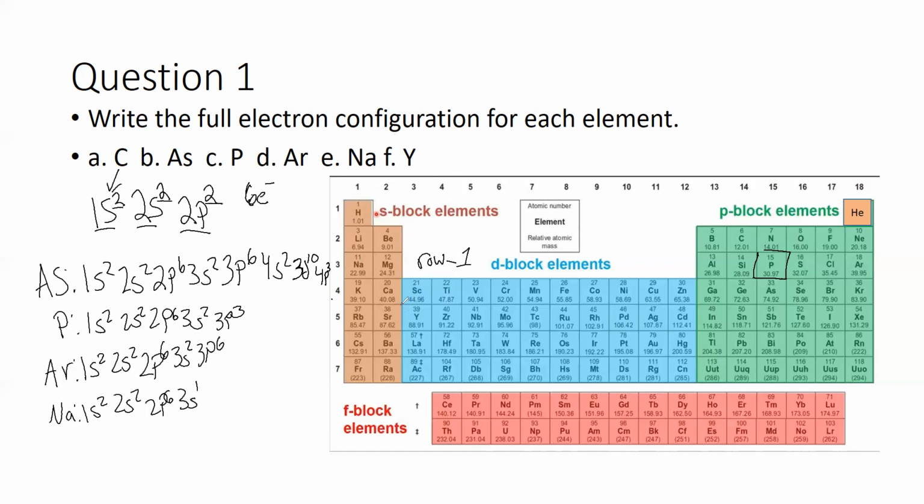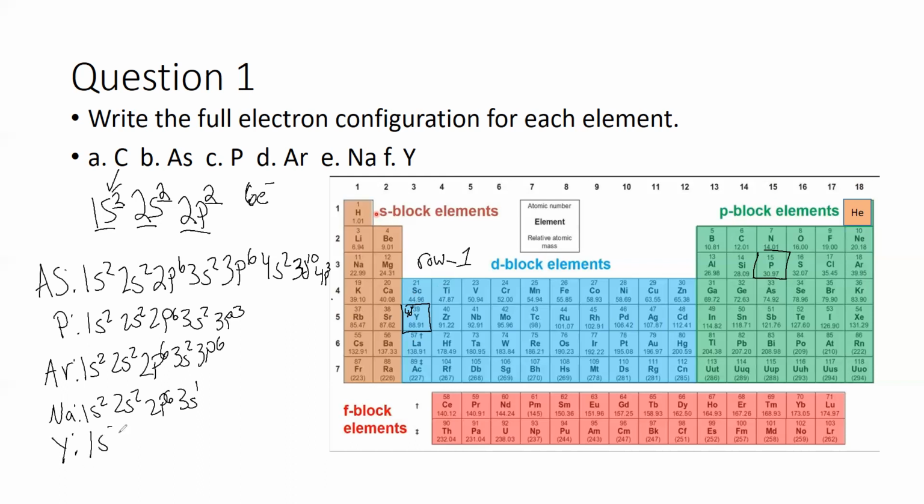Then yttrium. It's in the fifth row in the D block. So this is 4d1. Remember, row minus 1. So 4d, then the first element there.